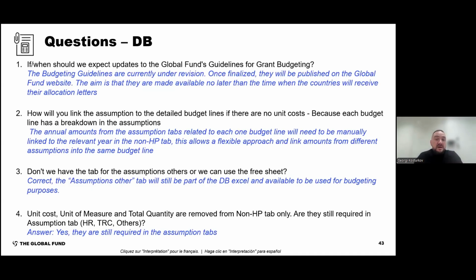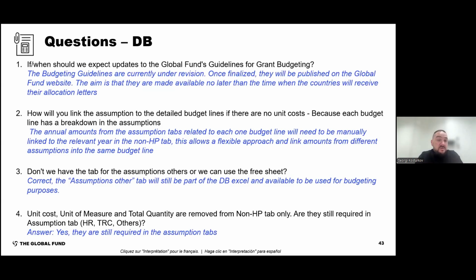So once finalized, as usual, we're going to publish the budgeting guidelines on the Global Fund website. But we are working around the clock, and the overall goal and aim is that the budgeting guidelines and all the other supporting documents are made available no later than the time when the countries are going to receive their allocation letters, and we'll start working on the detailed budget.